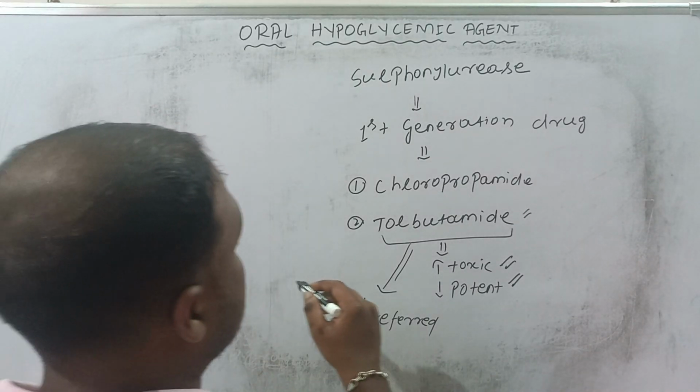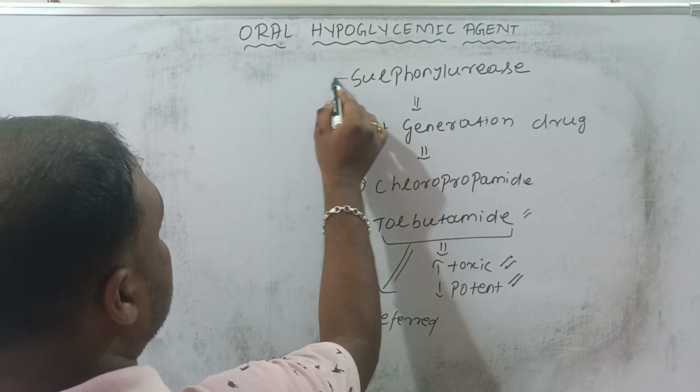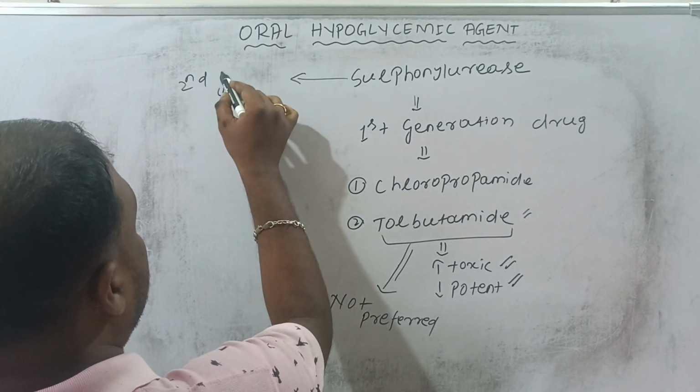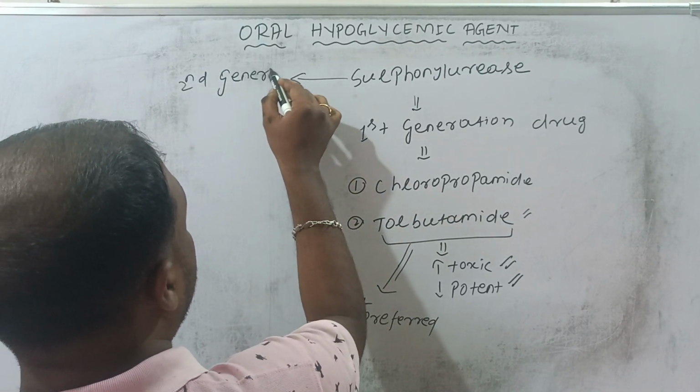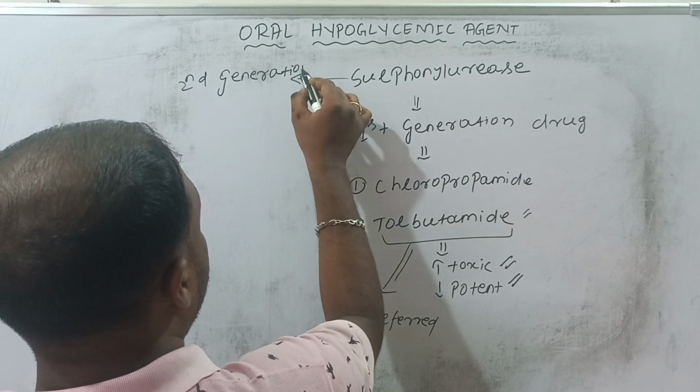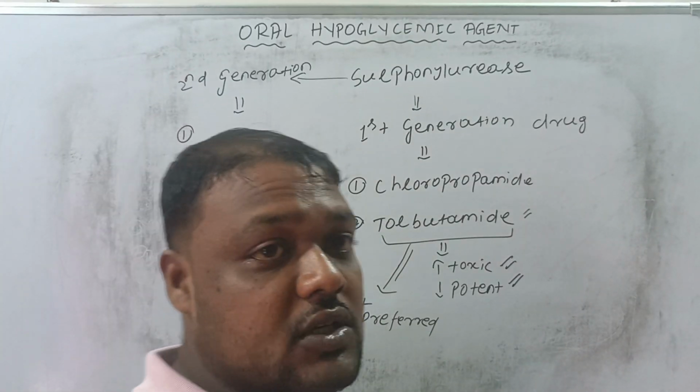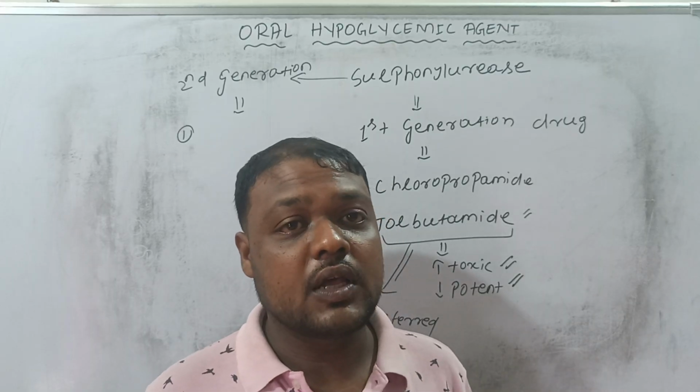Then the second generation. The second generation sulfonylurea is glibenclamide. Then gliclazide.